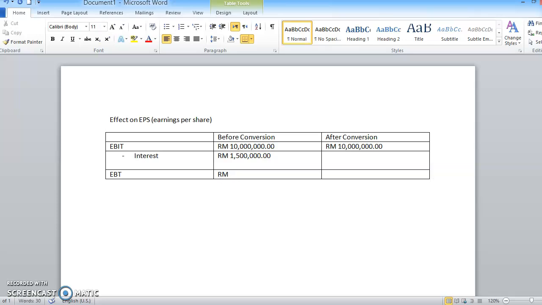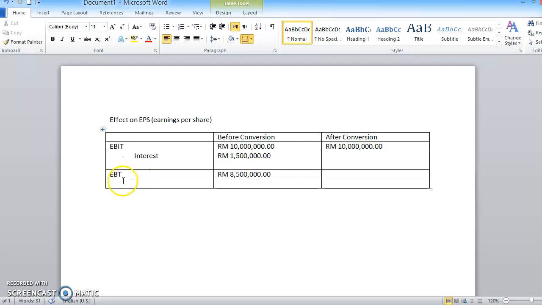So you will get the answer of how much? 10 million minus RM 1.5 million. So you will get RM 8 million and 500,000. Okay, kita akan dapat 8,500,000, right?